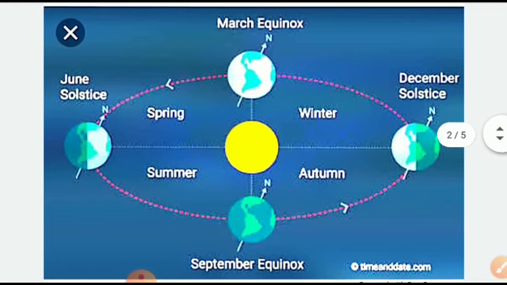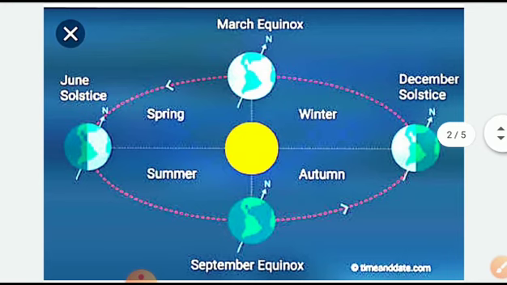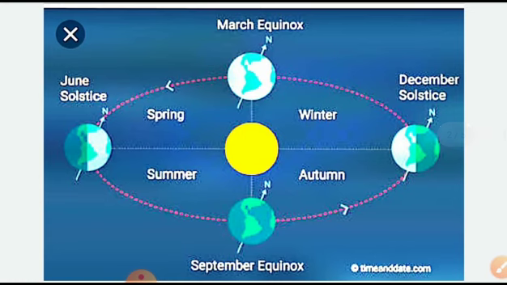Whereas the December solstice means the Tropic of Capricorn is facing the Sun. The Sun is overhead at the Tropic of Capricorn and the South Pole is tilted toward the Sun, and that takes place in December.